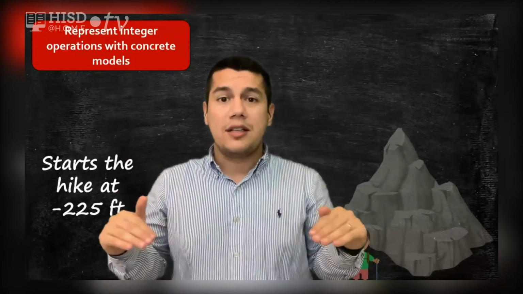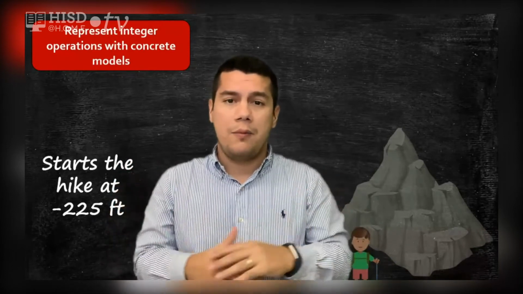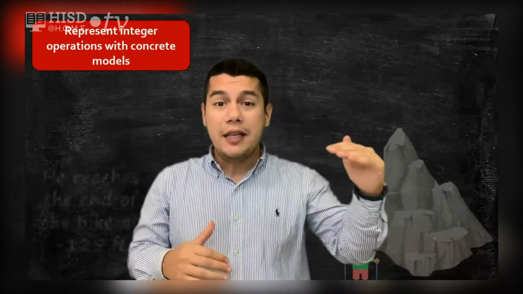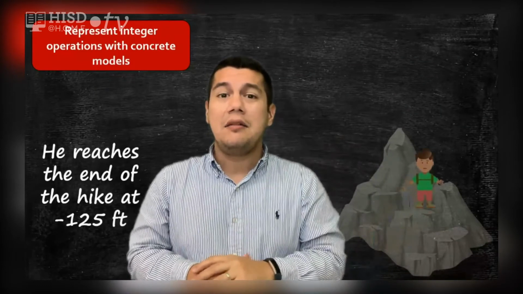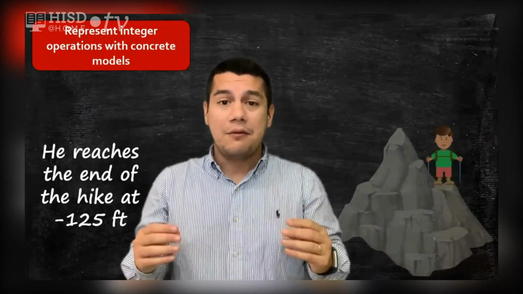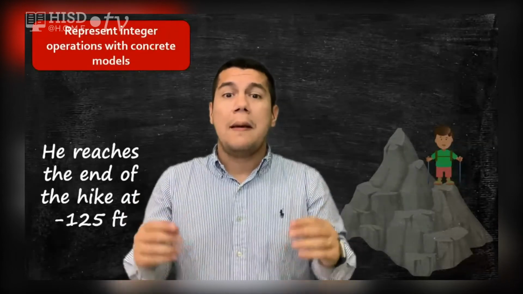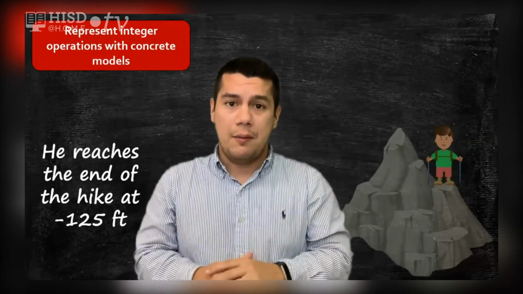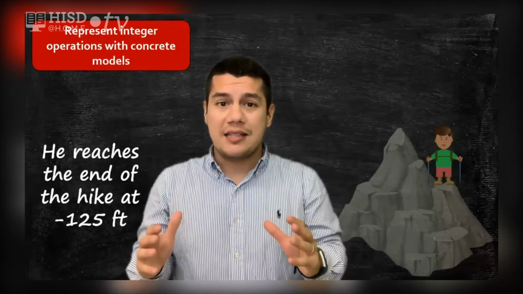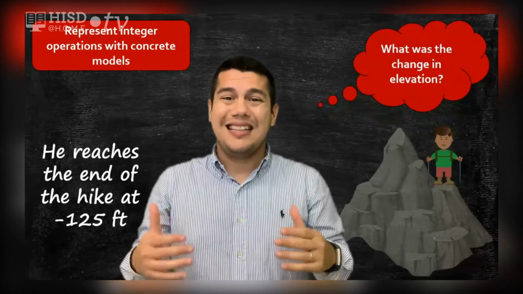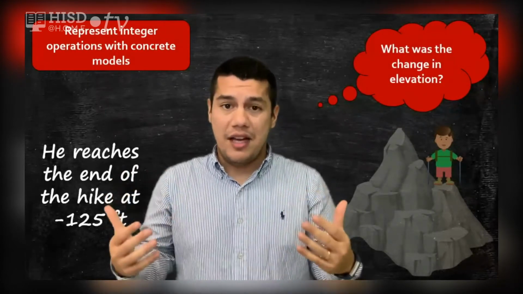That means that he started the hike below sea level. And when he finished his hike, he ends up at negative 125 feet. That's again below sea level. So the question says, what is the change in elevation?